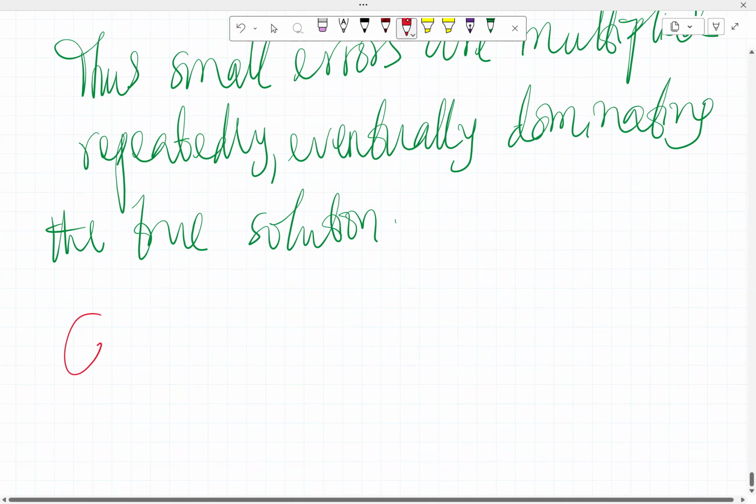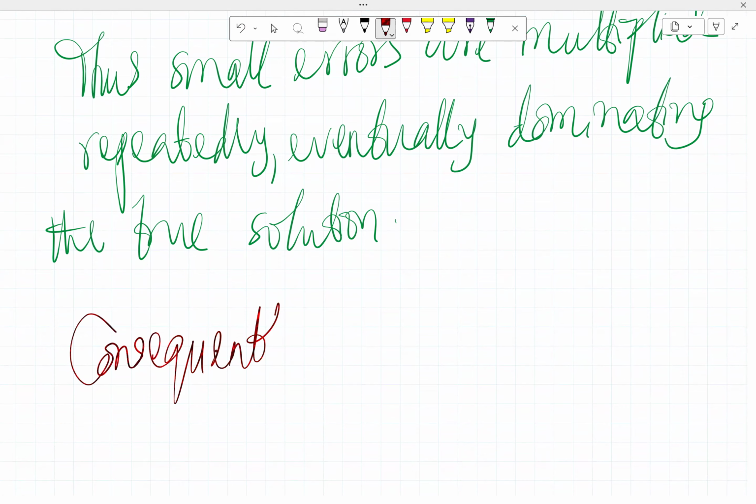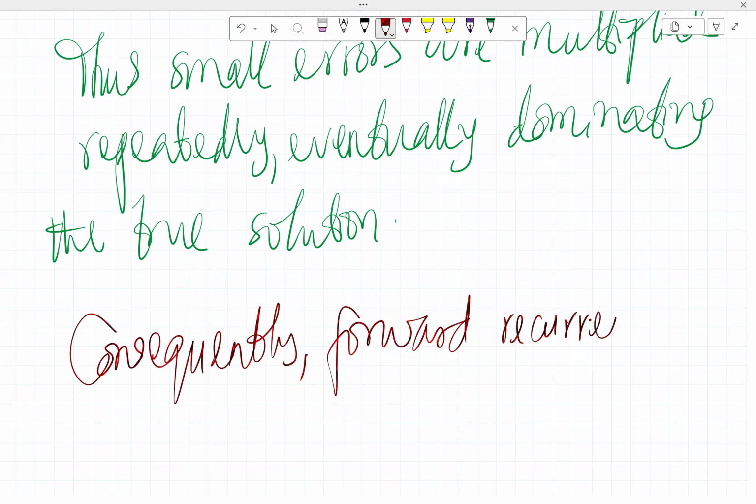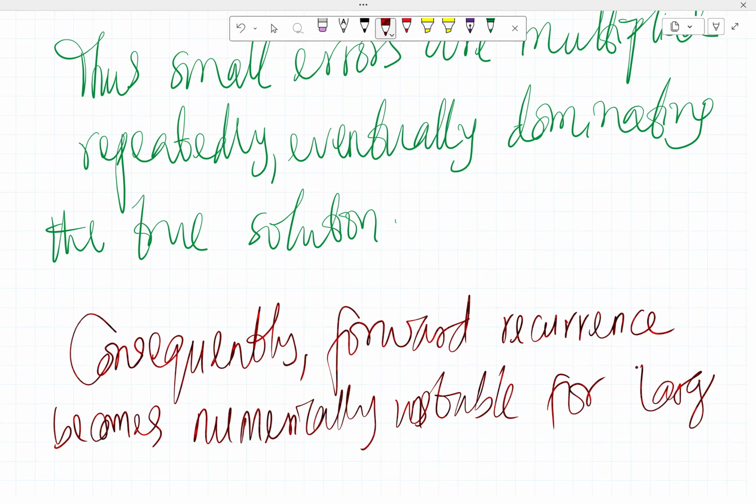Consequently, forward recurrence becomes numerically unstable for large orders.